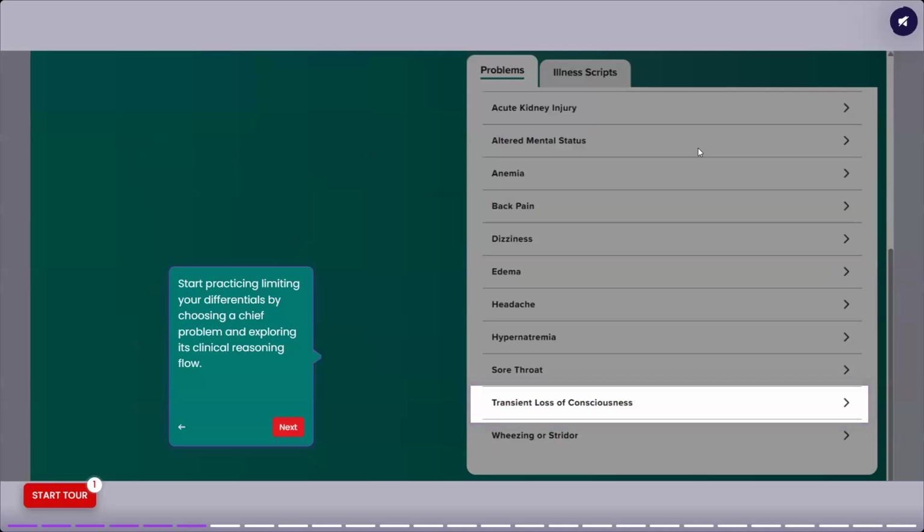Now, let's dig deep into what a problem module is and what an illness script is. Starting with the problem modules, I'm going to use transient loss of consciousness as an example here, and we'll explore how it works in the problem module.